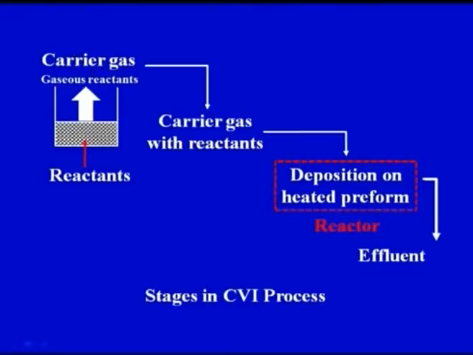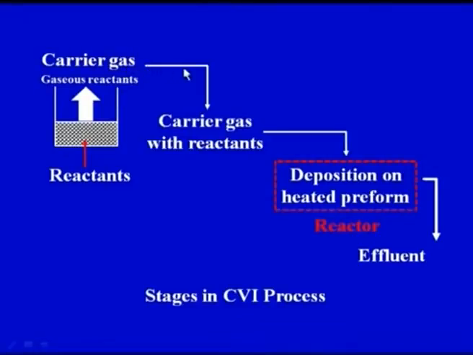So this particular green container on your screen contains the reactants, and these reactants can be solid or liquid, and when the reaction takes place gaseous reactants are produced, and these gaseous reactants are carried by the carrier gas.